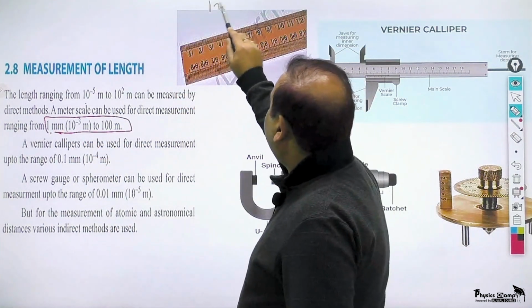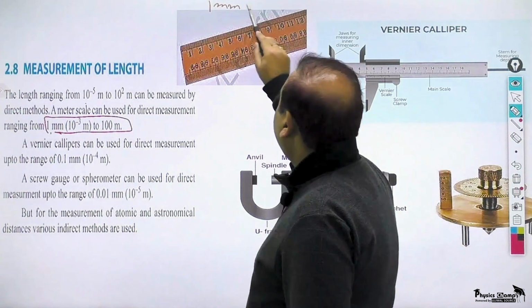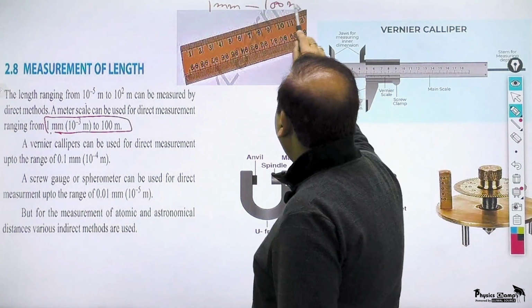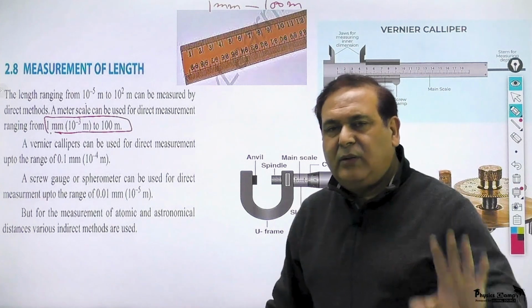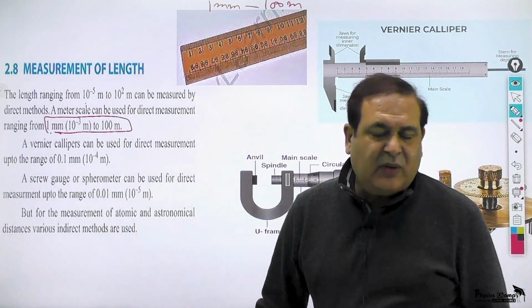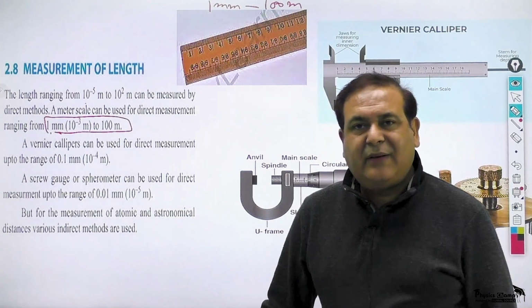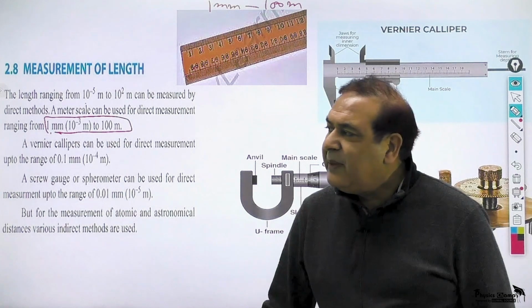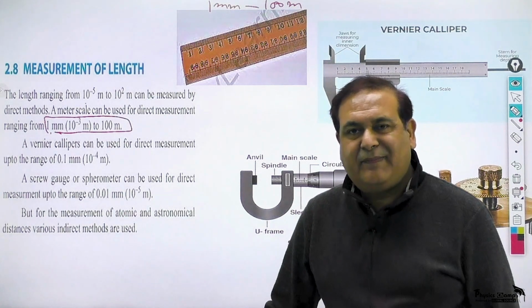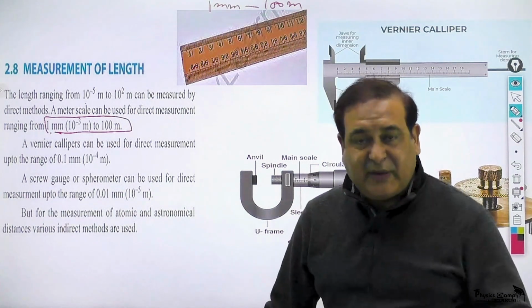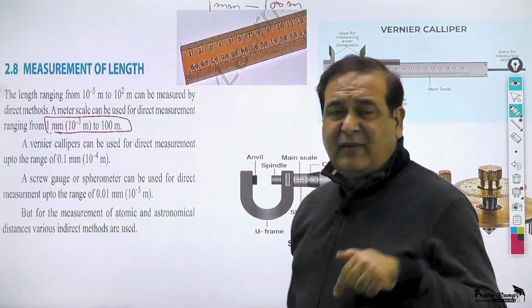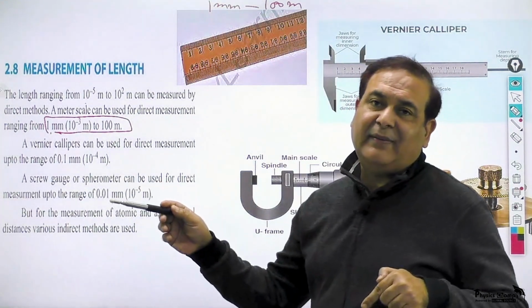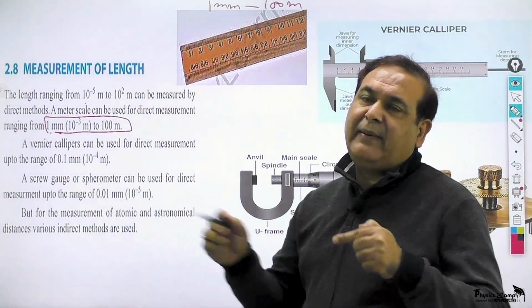If we are measuring the length from 1 millimeter to 100 meter, a scale would do the job for you. You can use a meter scale for that, from 1 millimeter to 100 meter or a little more, but still. In case you wish to measure a distance more than 100 meter, you need some indirect methods.